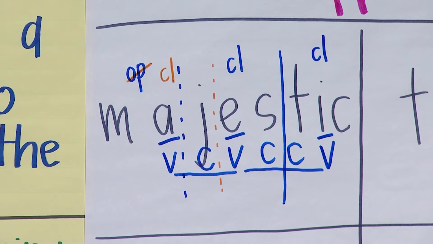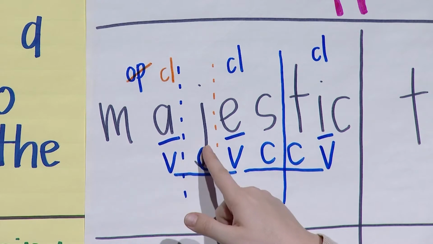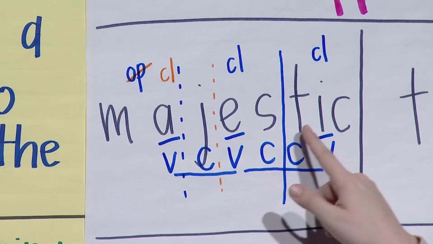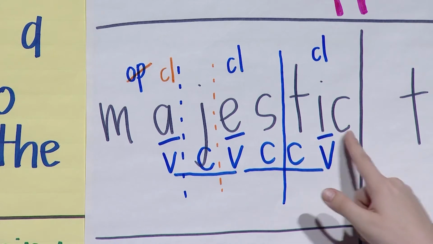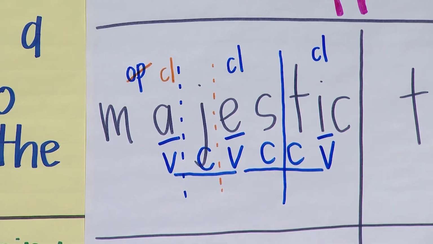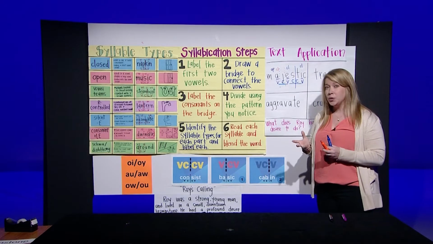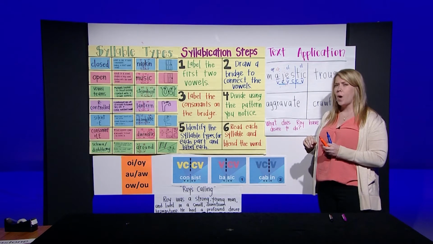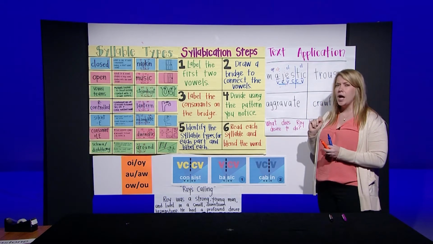So let's try to read this word again. Madge, s, t, ick, tick. Majestic, majestic. It sounds closer to something that's familiar, but because we've been talking about the schwa sound, I want to try one more thing.